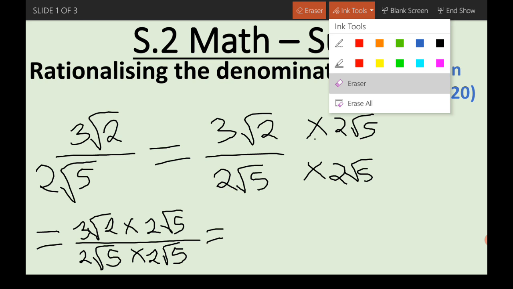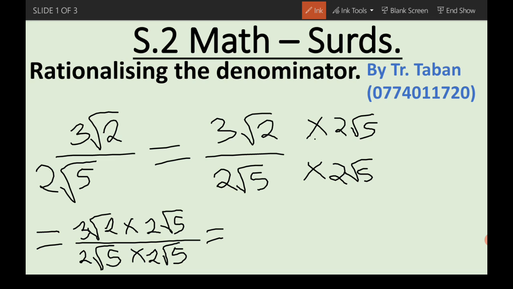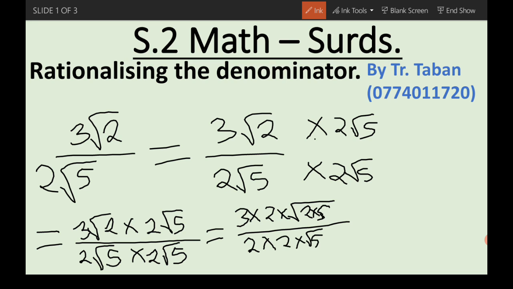In other words, this is the same as 3 times 2 times root of 2 times root of 5, then divide by 2 times 2 times root of 5 times root of 5. You can put everything under one root like this.